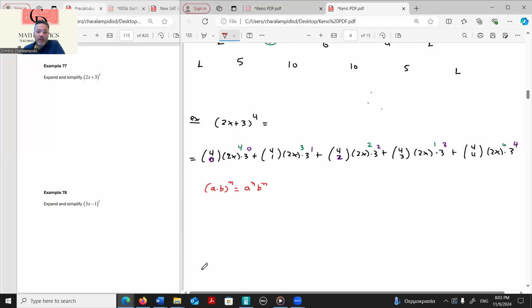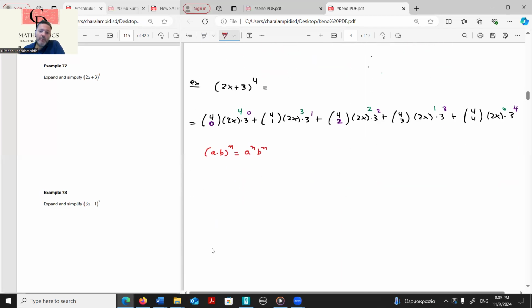I can do that really quick by remembering that I just need the Pascal's triangle. I need to write that until I find number 4: 4, 6, 4, and 1. So this should be 4 choose 0. This should be 4 choose 1. This should be 4 choose 2. This should be 4 choose 3, and that should be 4 choose 4.